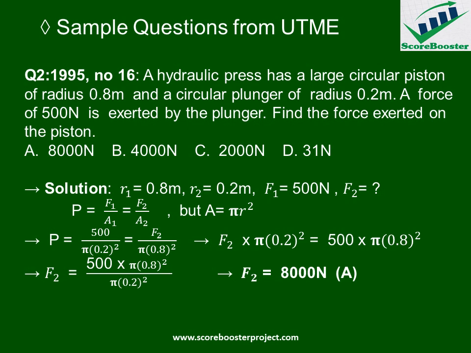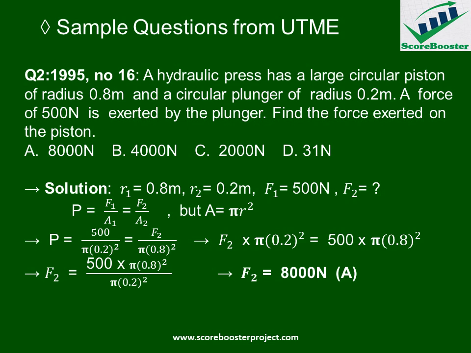Now on to solution. From the question, the parameters given, you have the radius of the larger circular piston R1, which is 0.8 meter. Then we are also given the radius of the plunger, which is R2, which is equal to 0.2 meter.